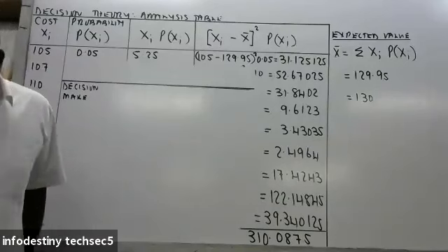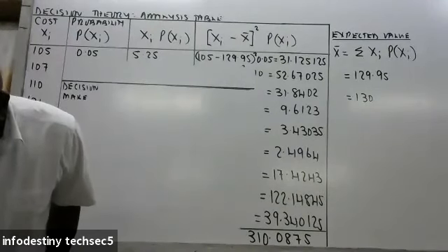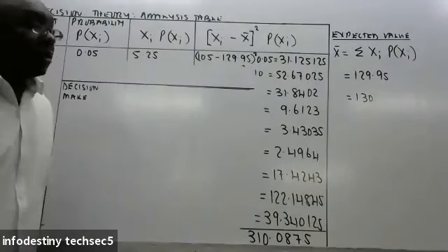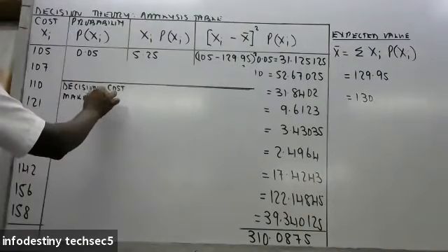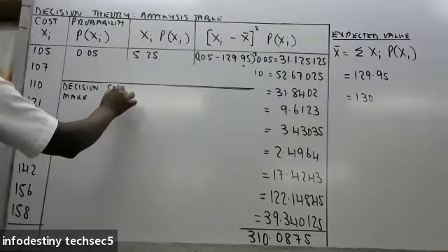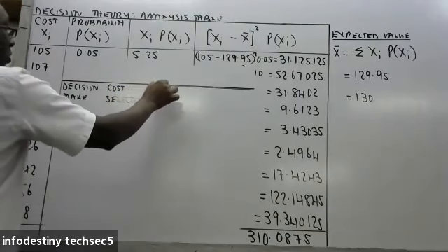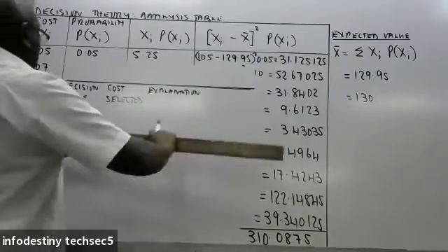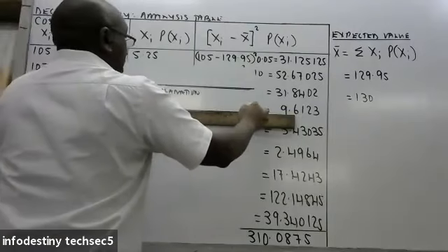So that I have decision maker. Then we are asked we advise on cost selected, and then we will have an explanation as to why he has done that or why we advise that way.